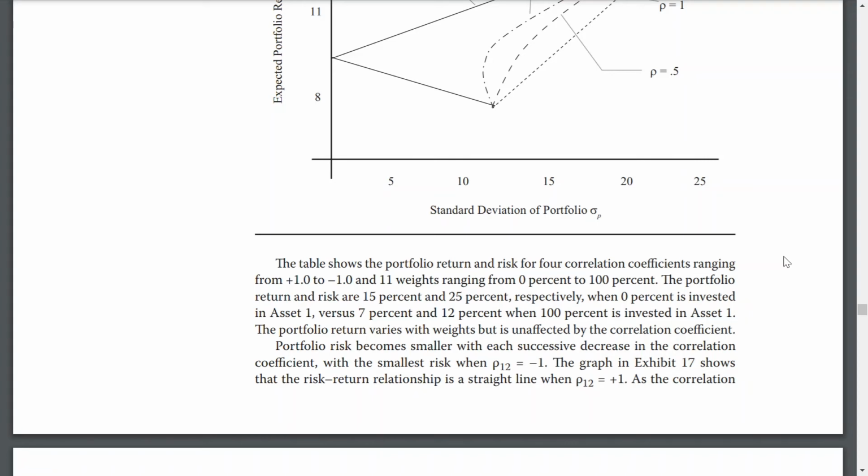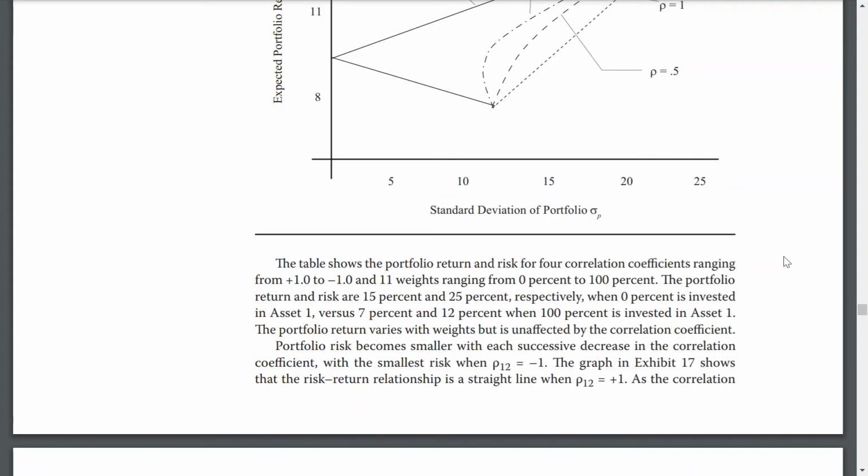The portfolio return varies with weights but is unaffected by the correlation coefficient. Portfolio risk becomes smaller with each successive decrease in the correlation coefficient, with the smallest risk at ρ12 equals -1.